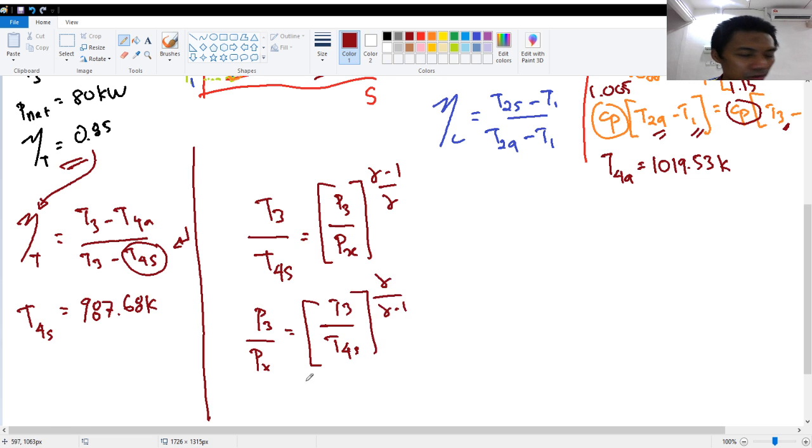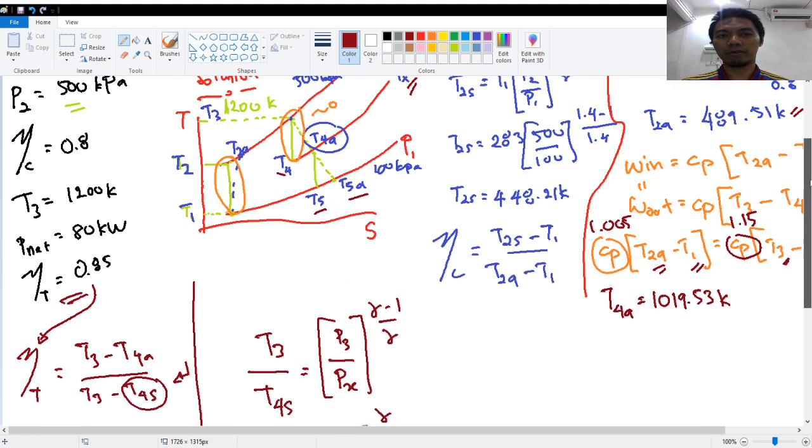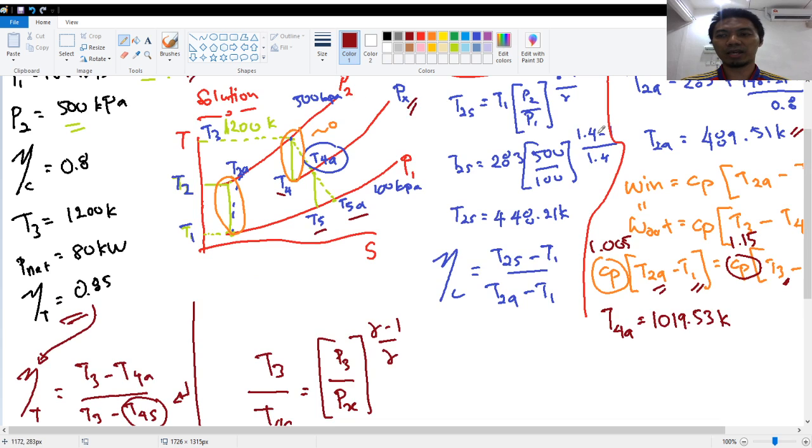So your P3 over Px equals 2.19. Okay, so you got 2.19. Now the ratio of P2 over Px. So how to find a Px?